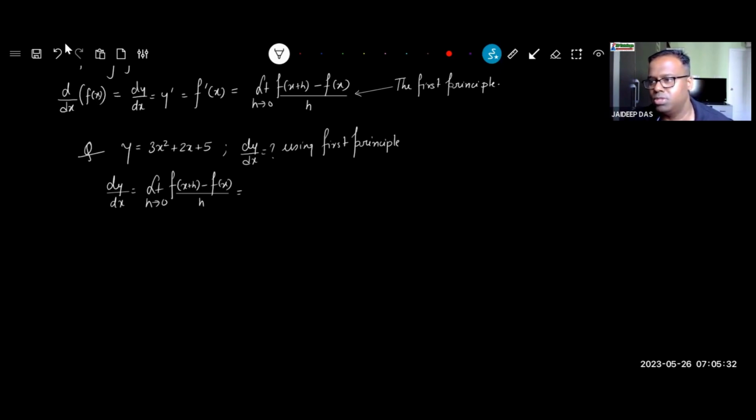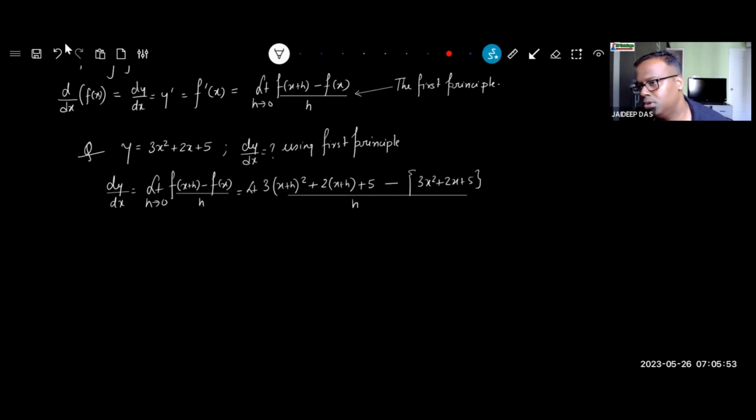Now we do f(x plus h). So we take 3 times (x plus h) whole squared plus 2 times (x plus h) plus 5, minus the whole thing, 3x squared plus 2x plus 5, and we divide this by h. Don't forget to put your limit, h tending to 0.